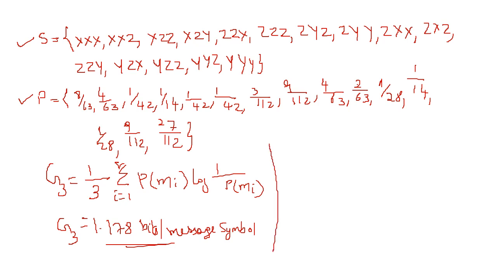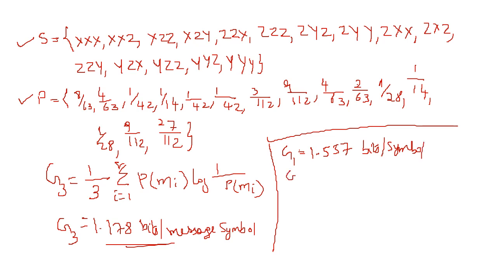Now what is G1? We got G1 equal to 1.557 bits per symbol, and we got G2 as 1.3087 bits per symbol.